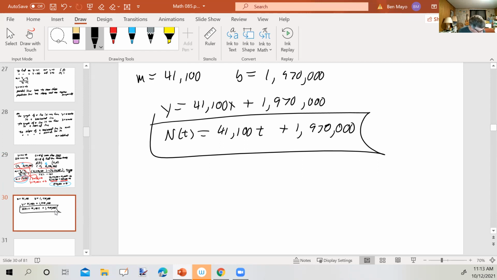Then it says use your answer to part A to predict the number of full-time registered nurses that will be needed in 2025. So in 2025, T would equal 25. So they want us to find N of 25.